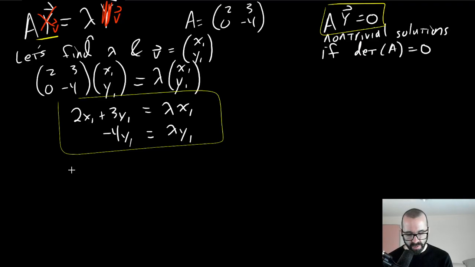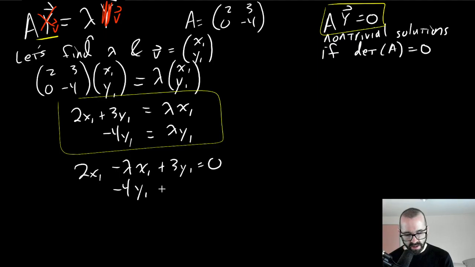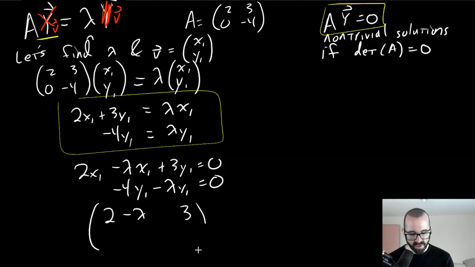So let's move things around, and we're going to get 2x1 minus lambda x1 plus 3y1 equals 0, and -4y1 minus lambda y1 equals 0. Let's write this in matrix form. [2 minus lambda, 3] times our vector needs to equal the 0 vector. And the bottom row is 0 and then -4 minus lambda.